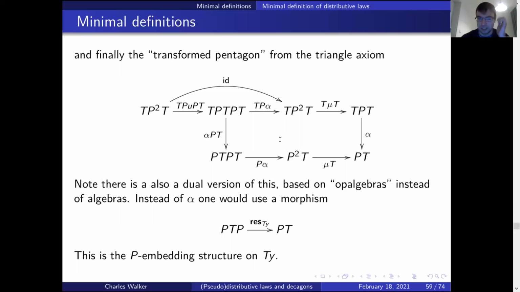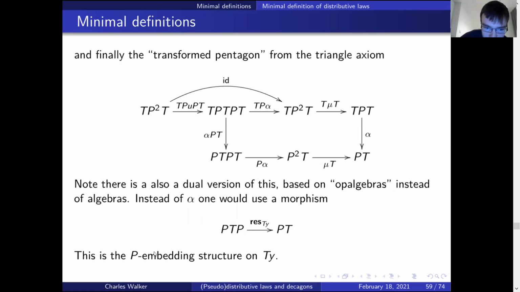And let me just mention that there's also the dual version of this, but based on opalgebras instead of algebras. So instead of an alpha going from TPT to PT, here you would use a morphism from PTP to PT.